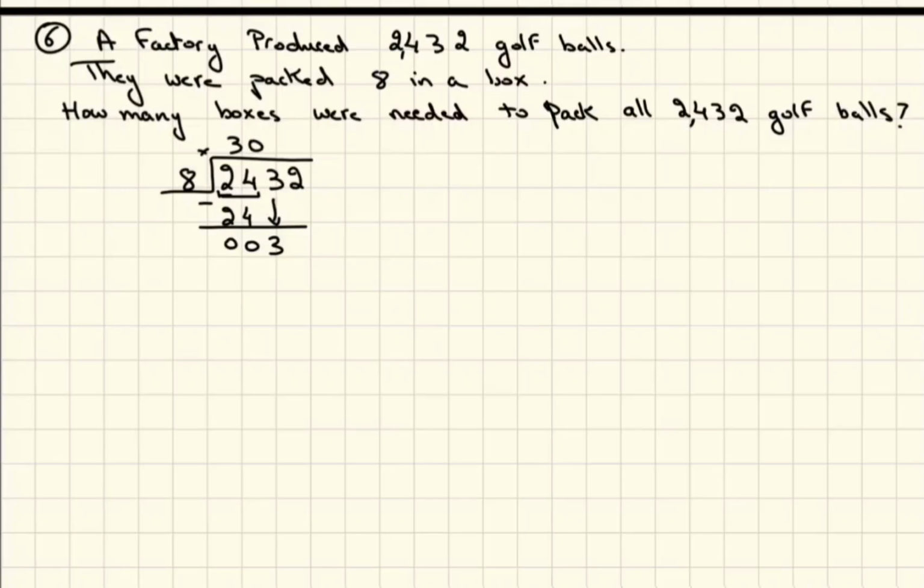So 8 multiplied by 0 is 0 and we subtract. Now I'm allowed to take the 2 down. 8 times how much is 32? It's times 4. And we get remainder 0. So basically our final answer will be 304 boxes are needed to place 8 balls in each box. So for us to distribute the 2432 balls in boxes of 8 each.